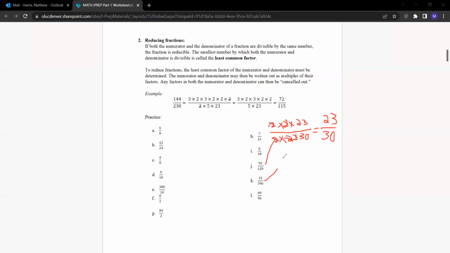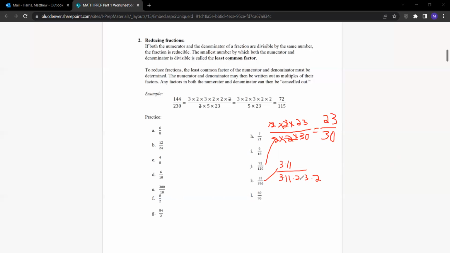So you have this one, and put that right here. So you have 33, which is going to be 3 times 11. All right, 396. We can go ahead and divide by 3 just to see if it works, and it does. So it's going to be 3 times 132. 132 divided by 11 is 12, which, as we know, 12 is 2 times 6, which is 2 times 3 times 2.